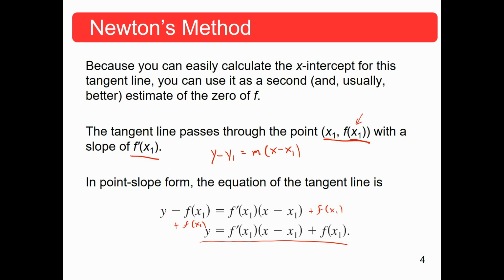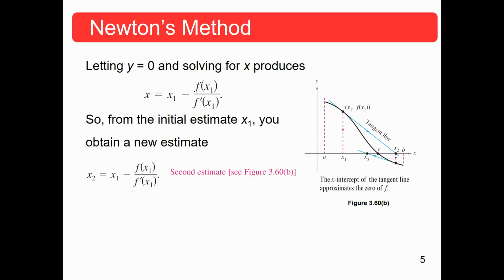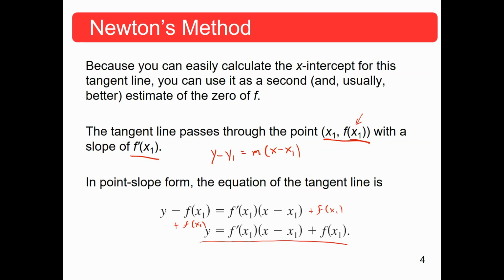Now remember, at this point we're looking for where it crosses the x-axis. So we're looking for when y equals 0. If we let y be 0, then we could say that this is 0, right?